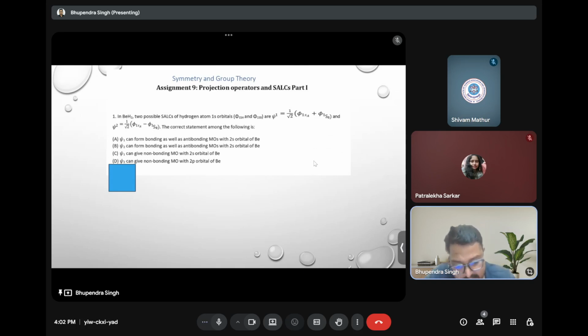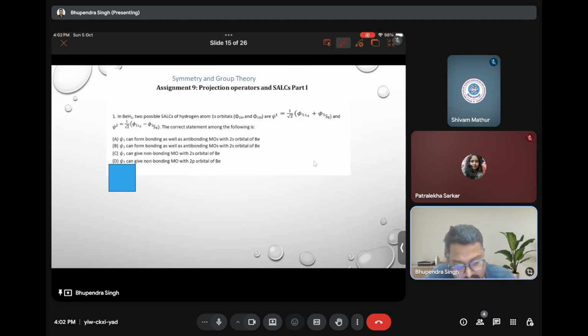So here I am considering Be. Let's see which orbital will participate in bonding: it is 2s, and the 1s orbital is of hydrogen.